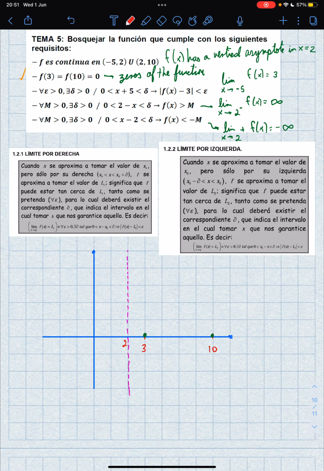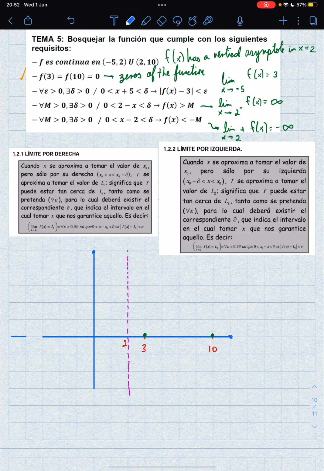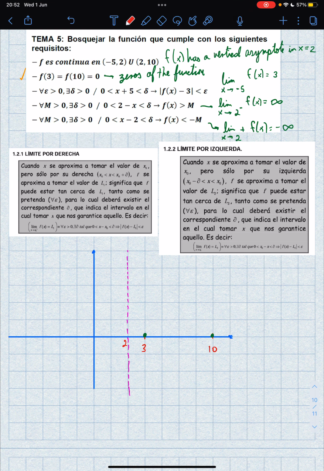Okay, so now we need to understand something. It says here it's continuous, but you start asking, where do I have to plot this minus 5? I know minus 5 is going to be here, but I don't know the height. So what can I do?